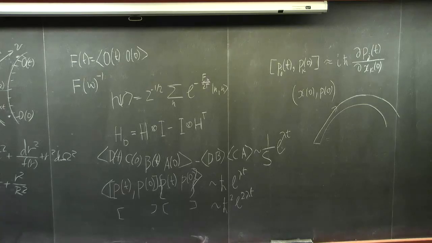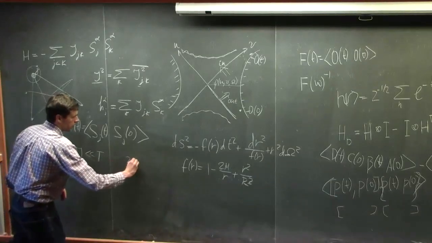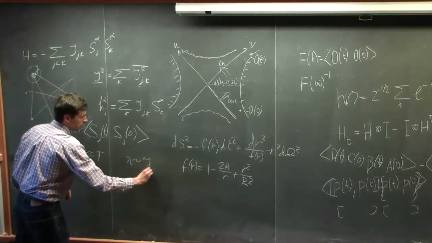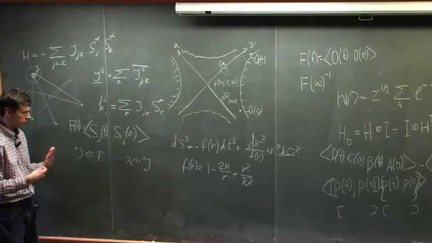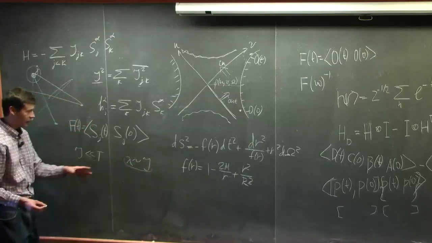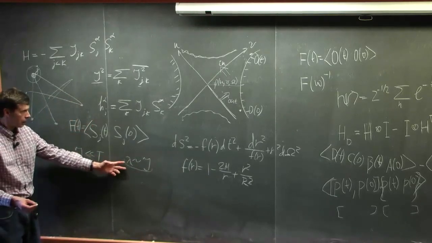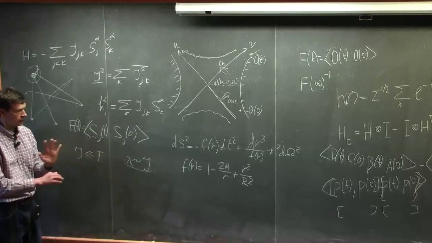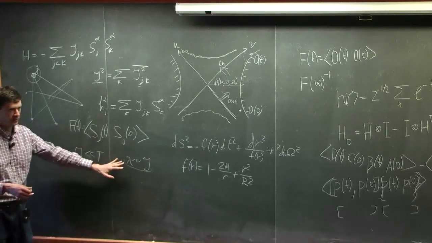Obviously, the dynamics cannot be faster than J. So in general, we expect the growth exponent lambda to be of the order of J. And one can argue, well, using some hand waving actually, how it happens. I can give a more detailed argument. I just want to show you all the pieces first.